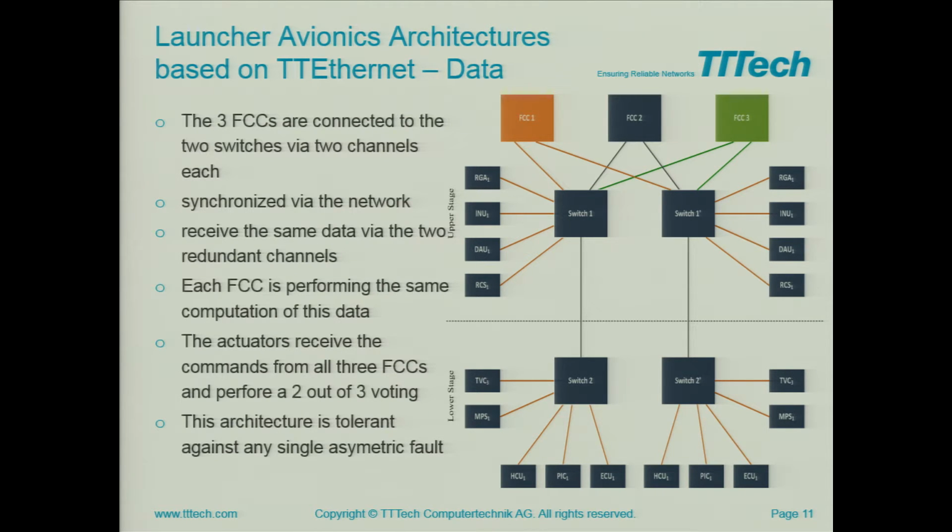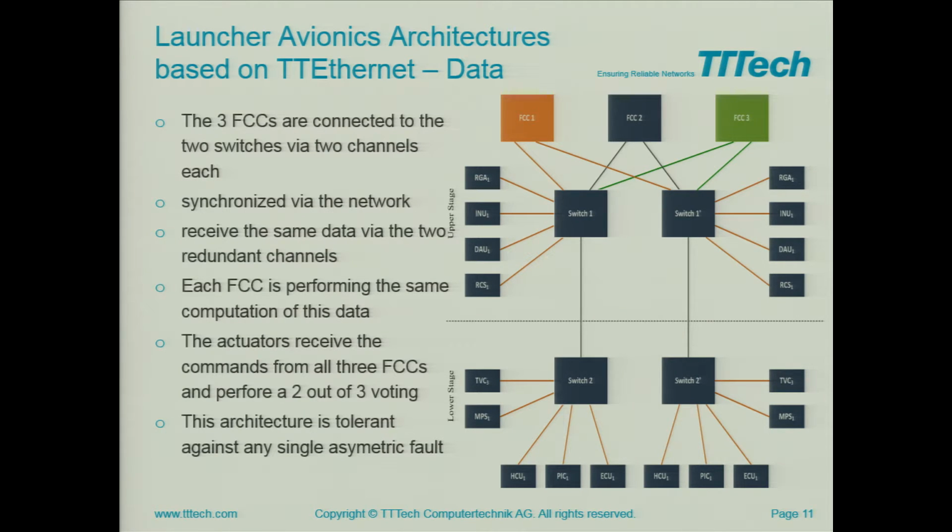They are aware of the time information. And now they also have a high-speed link where they can communicate, so they can exchange the data in case of a fault. So this means in such an architecture, we can build up systems which can also do, for example, a 2 out of 3 voting.